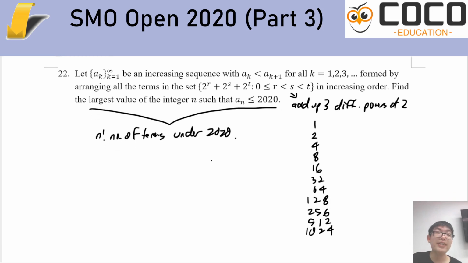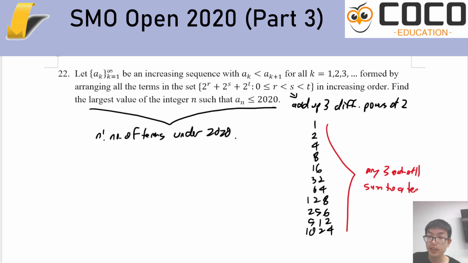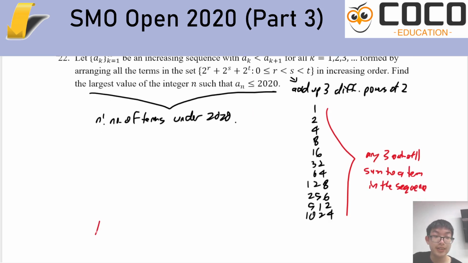So this is the easy question that they snuck in between, because once you stare at this and you realize that, oh, there are 11 of these, any 3 out of 11 sum to a term in the sequence. So the answer is just 11 choose 3.